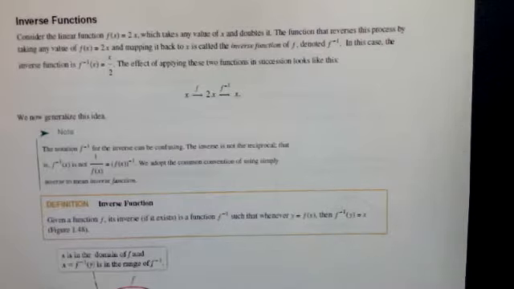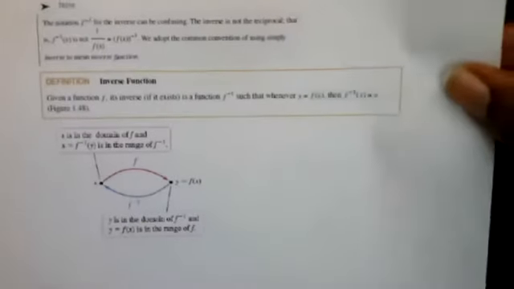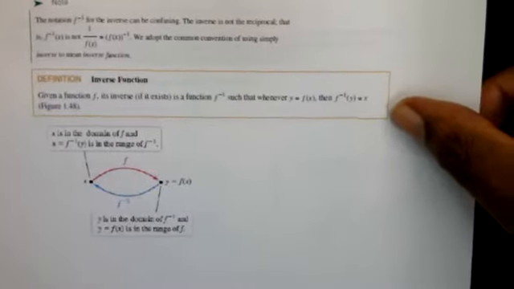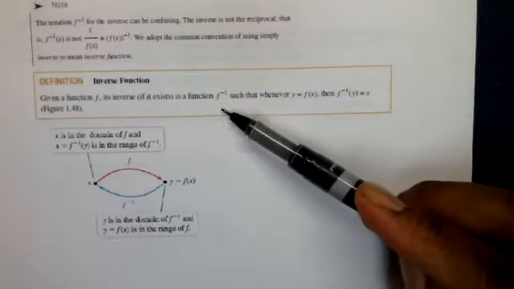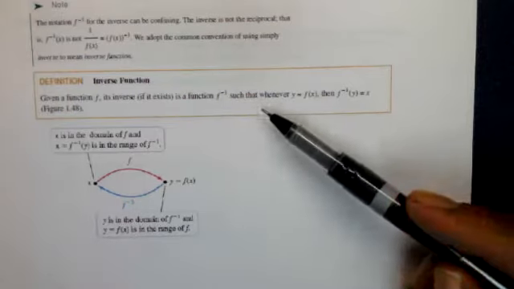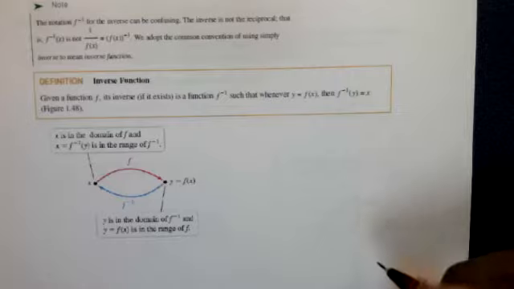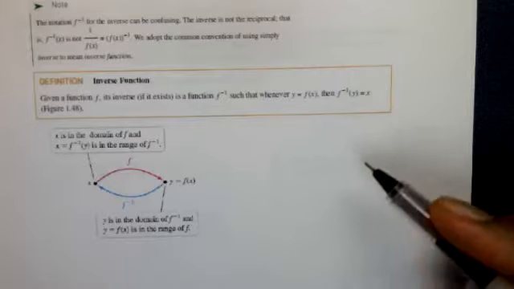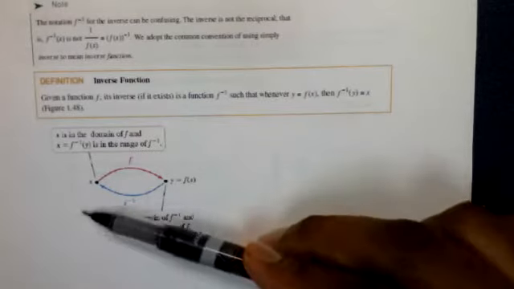Okay. So here's the formal definition of an inverse function. If you're given the function f, its inverse, if it exists, is a function called f inverse, such that whenever y equals f of x, then f inverse of y will be equal to x. And it's illustrated in this figure right here.